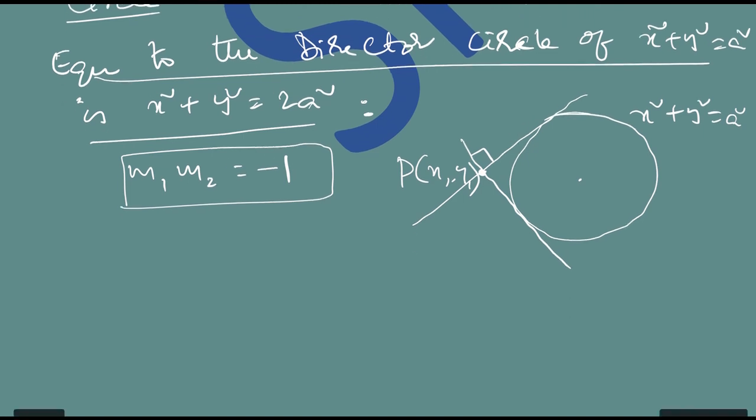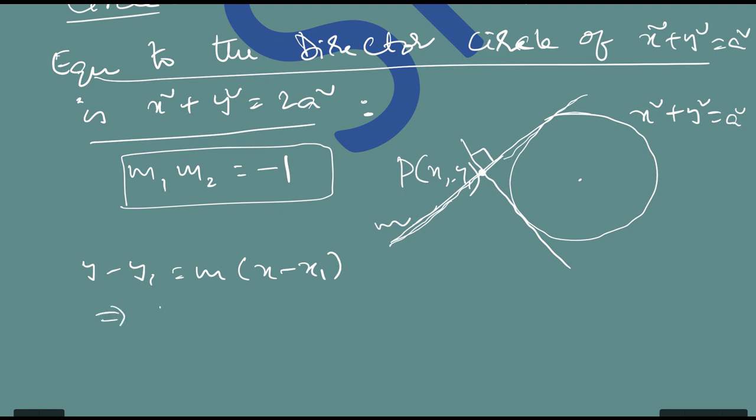So what is technique 2? This is what we do. We assume m as the slope of the tangent and write the equation of the line first. This slope we assume as m. We write the equation of the line: y minus y1 is equal to m into (x minus x1).